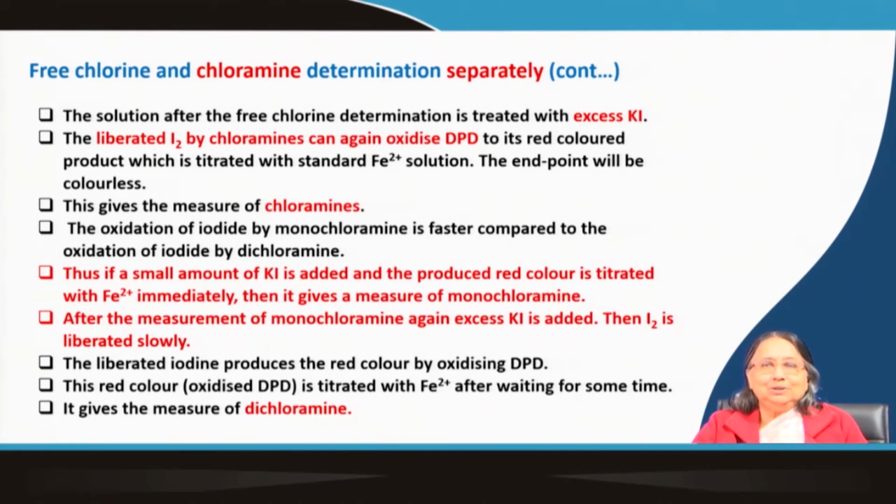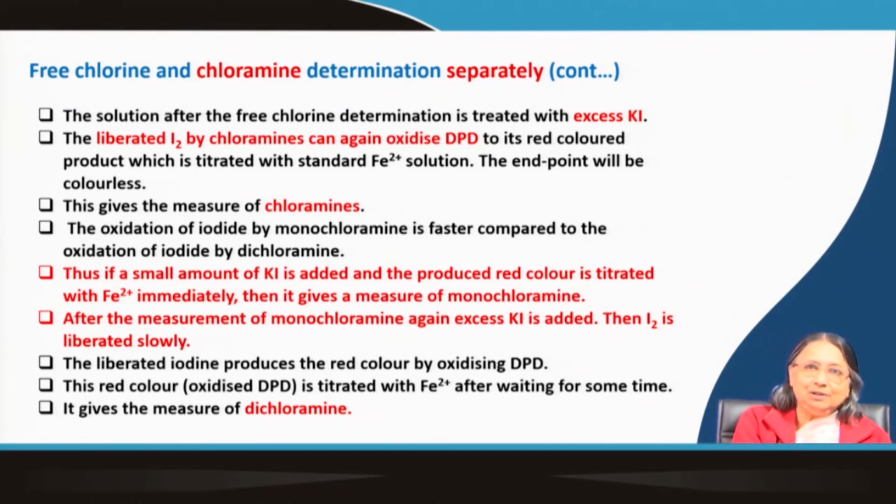So it is the same method. DPD is the reagent you use to determine free chlorine first. It is direct, no KI is added, and then you are finished. There, dichloramine and monochloramine do not come into the picture. Now you add KI.